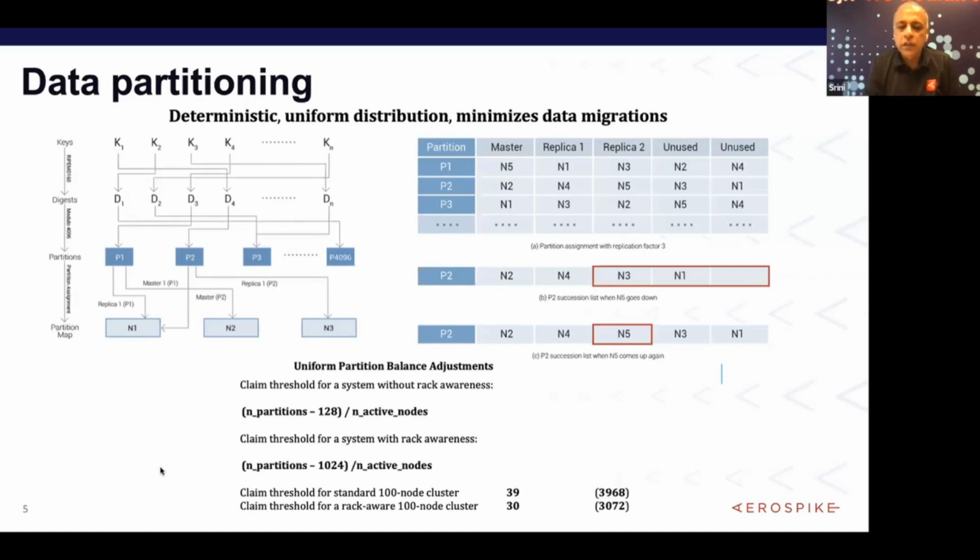What we discovered was in large cluster sizes, running up to 200 nodes, when you end up having just 20 partitions per node on average, there could be a skew of up to 4 or 5 partitions between 2 nodes. So one node could have 18 partitions, the other one could have 22 or 23. And what this created was an imbalance in terms of the transactions that are being directed, which are proportional to the amount of data in the node, because this whole thing is fully randomized anyway.